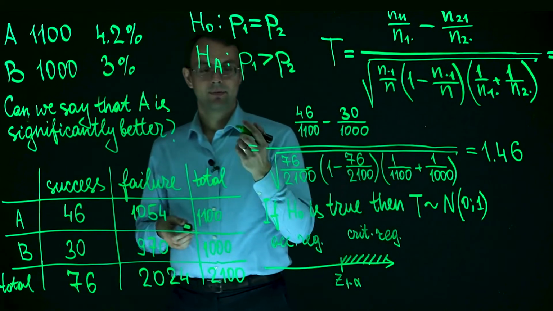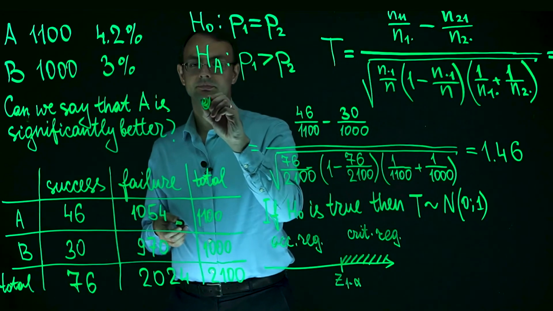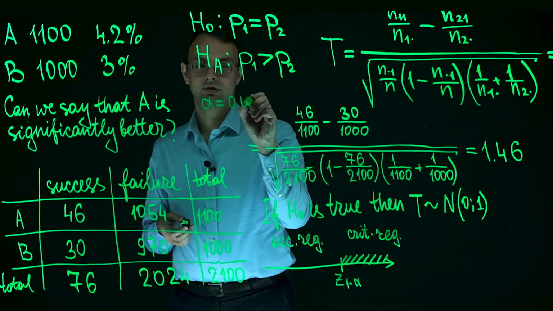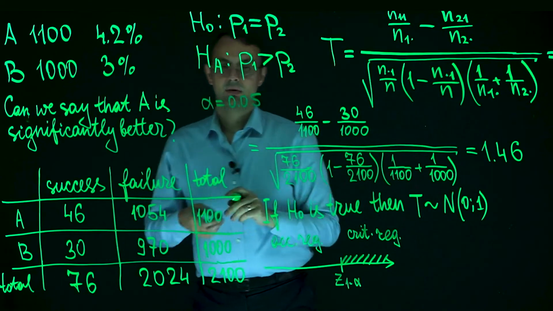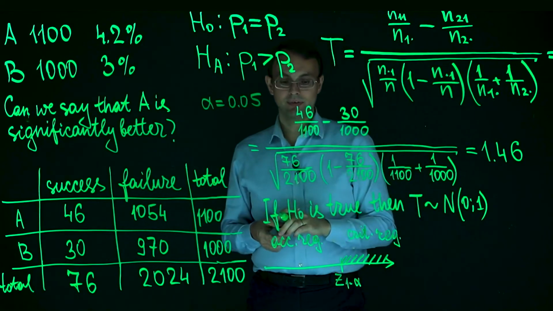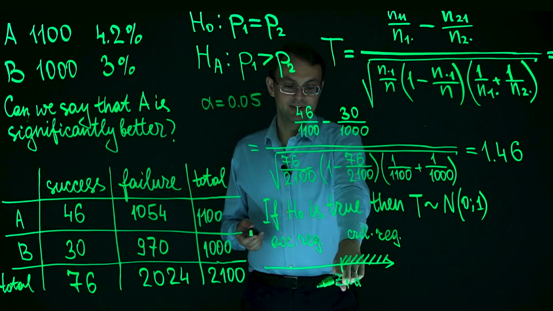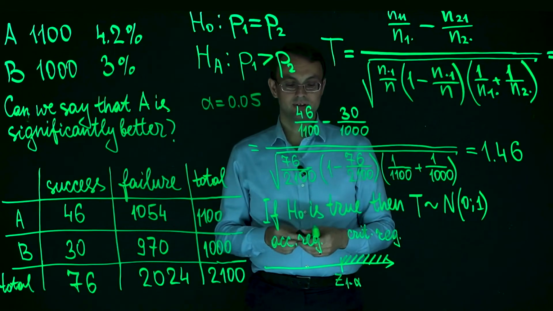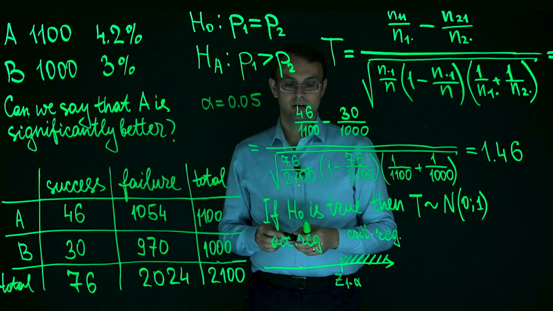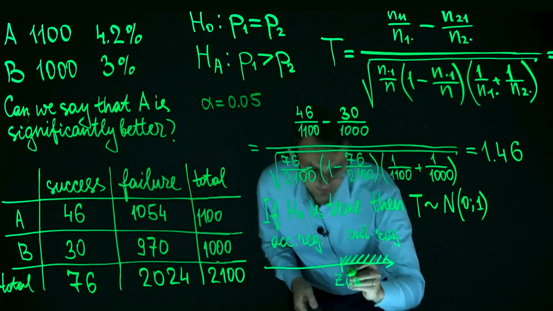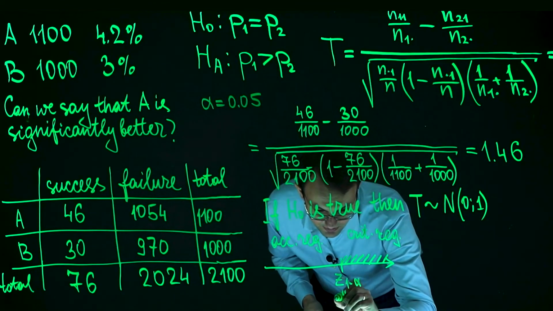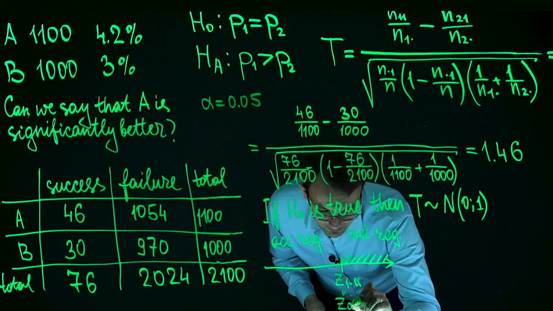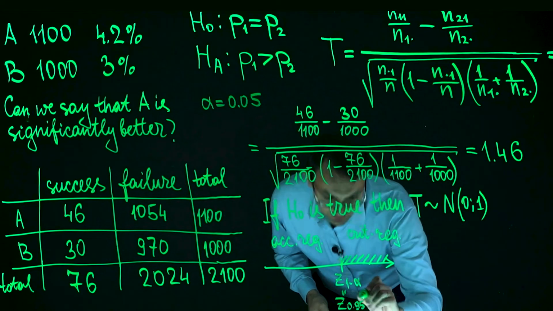Our significance level is 0.05. And so this quantile is the quantile of the level 0.95.